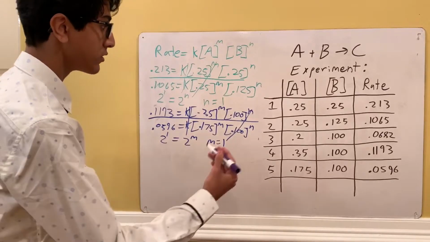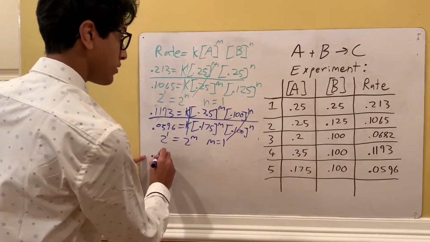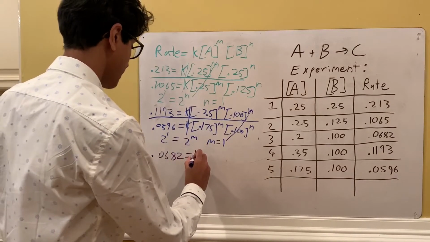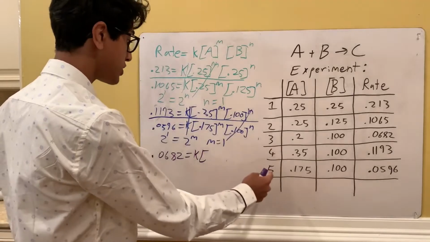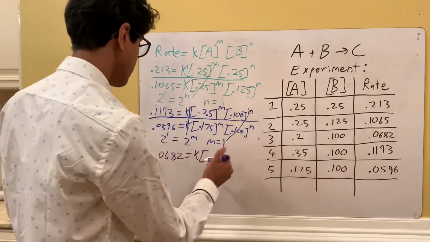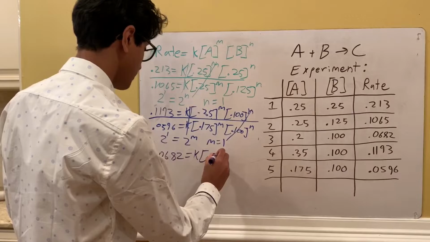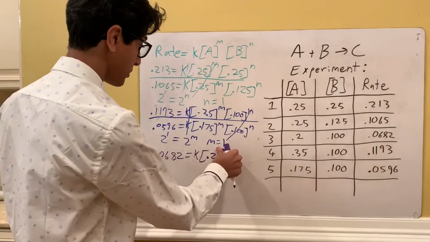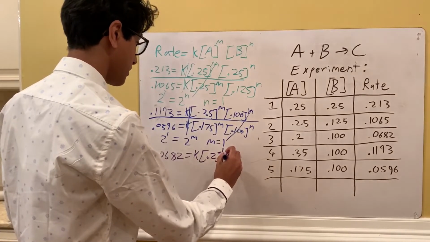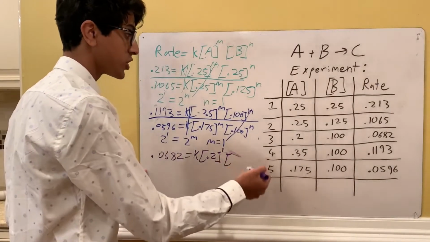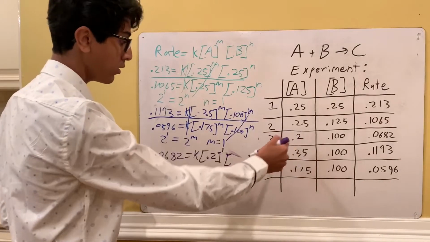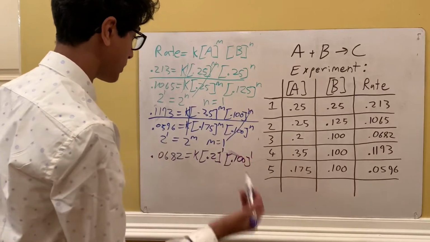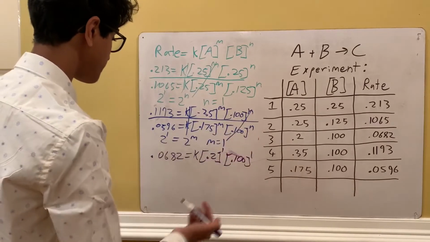So the rate for trial 3 is 0.0682, which is equal to K times the concentration of A, which is 0.2, to the M, and we know M is just going to be 1. And then the concentration of B is 0.100, to the 1, since we know that N is equal to 1 as well.